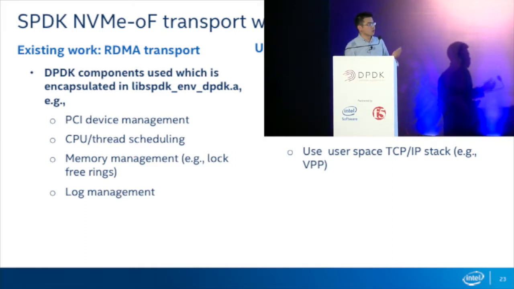And we also plan to implement the user space TCP transport-based NVMe-oF fabrics target. The first is the kernel version. And the second is that we may use VPP, a DPDK-based user space TCP/IP transport.